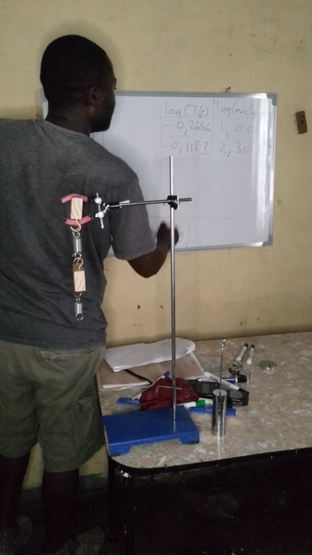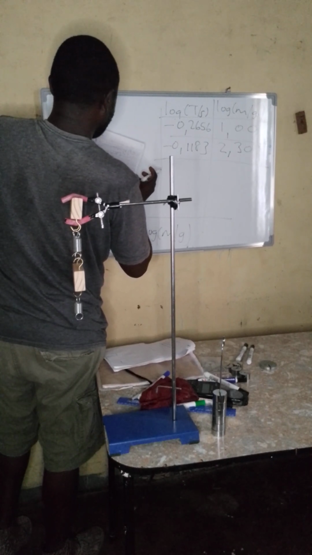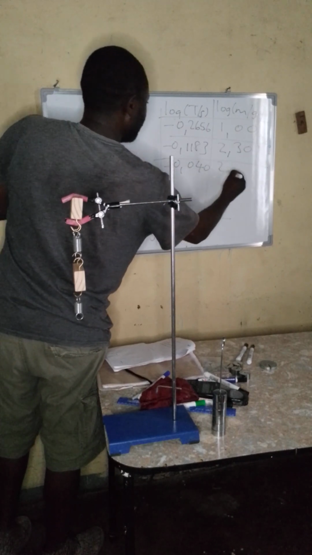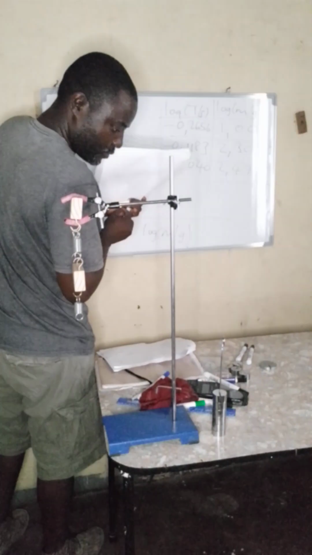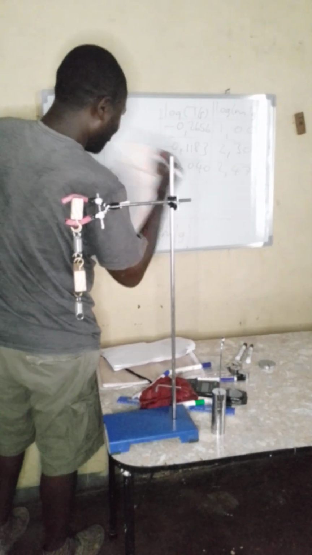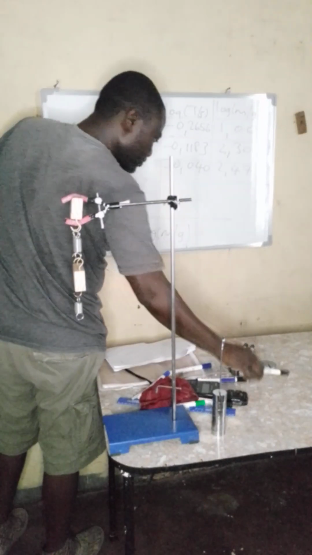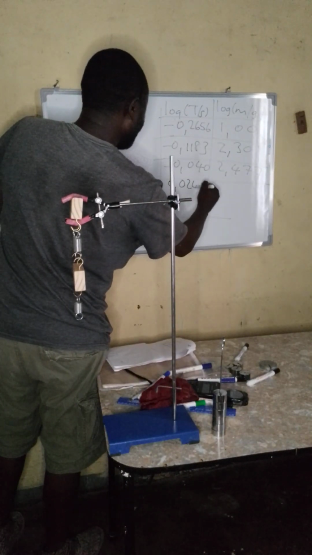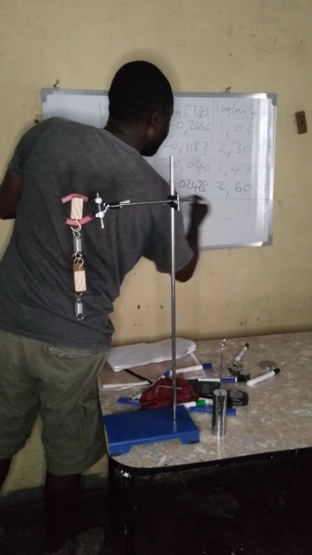Then we had minus 0,040, with 2,477. Then 0,02428, with 2,602, right?